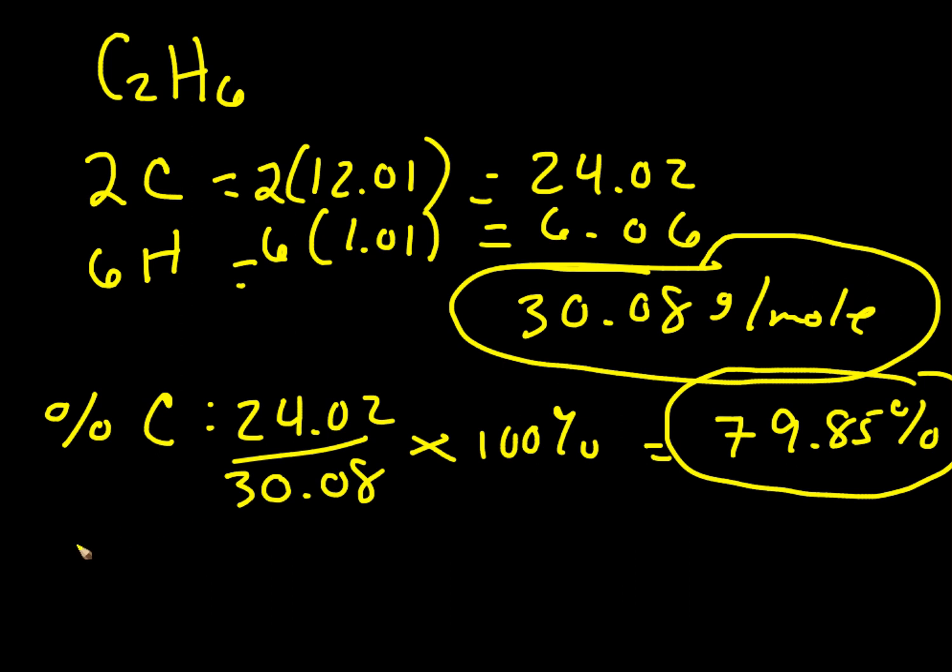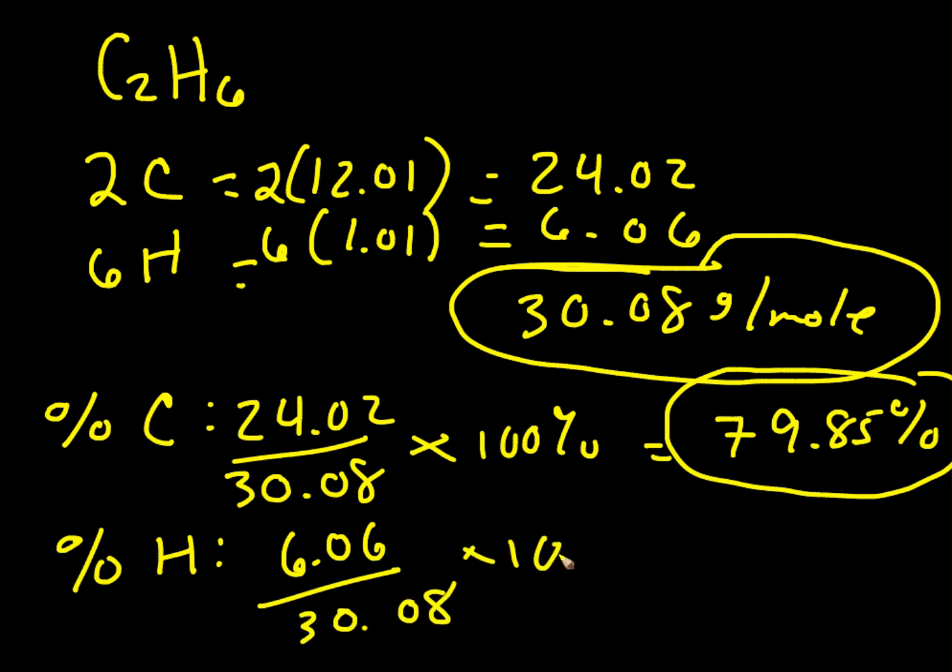Now, percent of hydrogen. So we'll have 6.06 divided by 30.08 times 100%. And we'll get 20.15%.